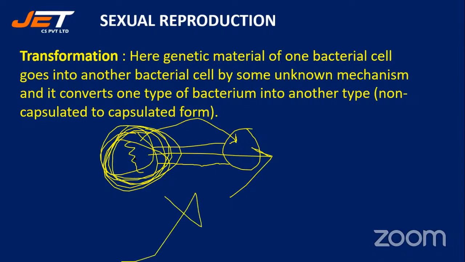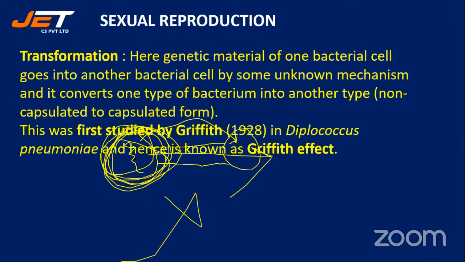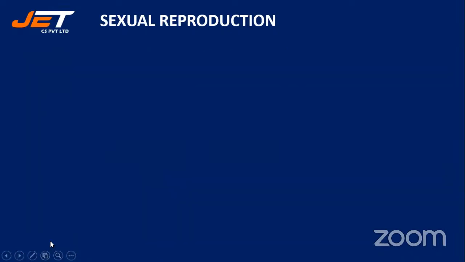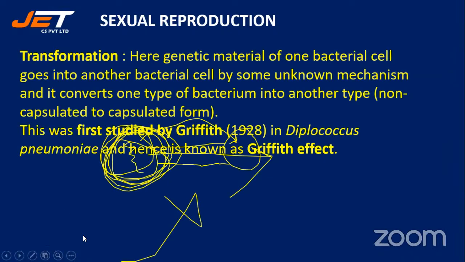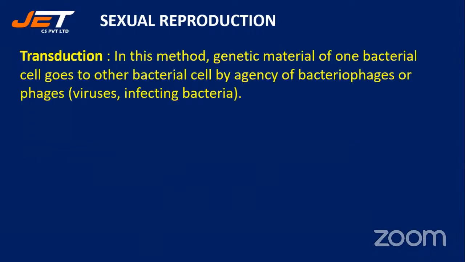Only if bacteria 1, from which the genetic material is being transferred, is non-capsulated will this transformation be successful. This was first studied by Griffith in Diplococcus pneumoniae and is called the Griffith effect.